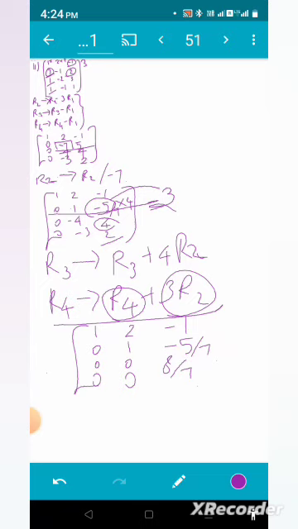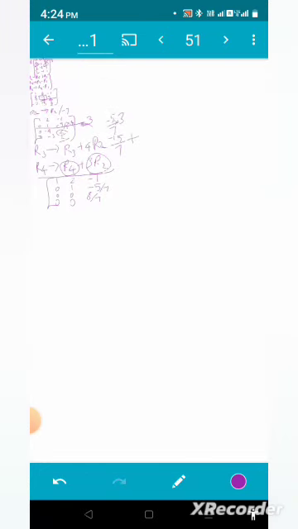So sorry, minus 5 by 7 into 3. That is minus 15 divided by 7 plus this 2, because 3 R2 plus R4. R4 value is 2. So I can put this 2 here.